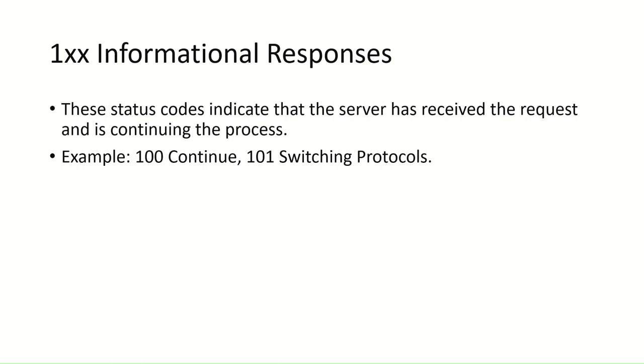The server got the client request but is still processing it and it is taking more time. In that case it gives you these continuation messages, and we use the 100 HTTP status code. Similarly, for switching protocols we have 101.